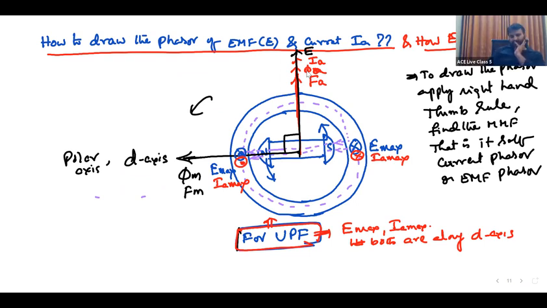You have to assume the opposite direction of field rotation. Pole moving upwards, so the conductor you have to assume moving downwards to cut. Okay, sir. Got it, sir. Thank you.